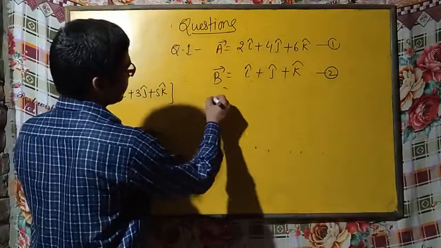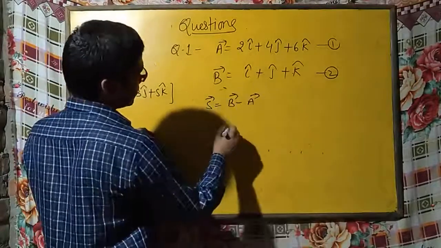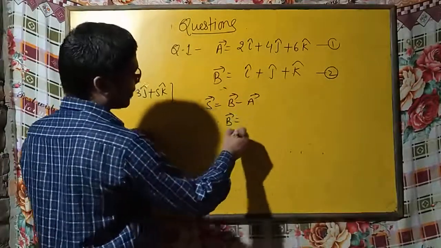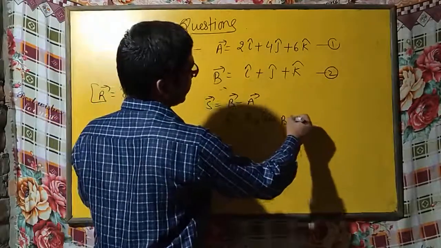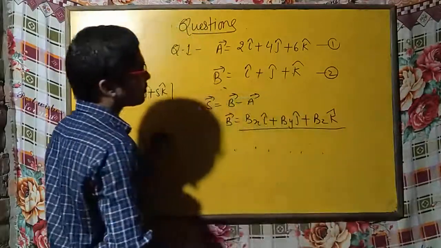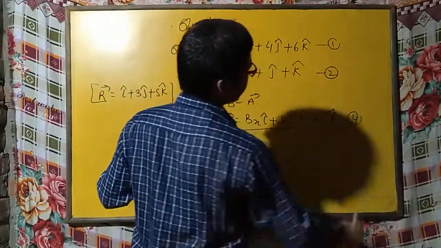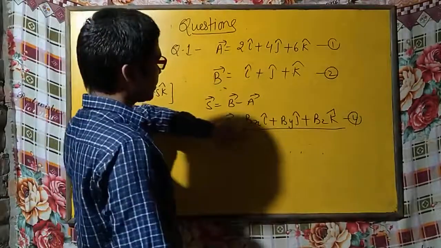So the value of s is equal to b minus a. Since you know that the standard vector b is equal to bx i plus by j plus bz k, this one is the standard vector, suppose equation number 4. Now you can compare the coefficients of b and a according to the relation.